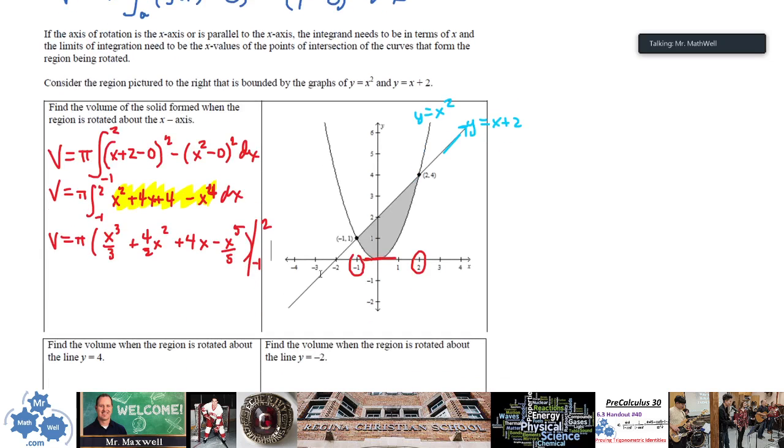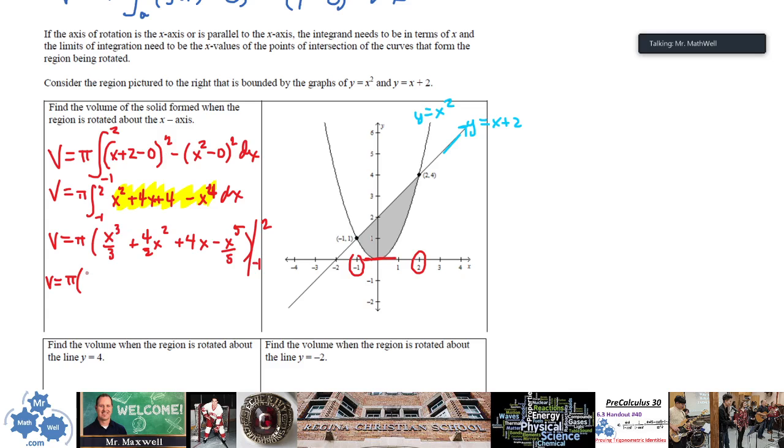Sorry if you don't have a lot of room to do this, but let's simplify this a little bit more here. When we evaluate this definite integral, we evaluate this whole thing at 2, and then we subtract from it the value at -1.